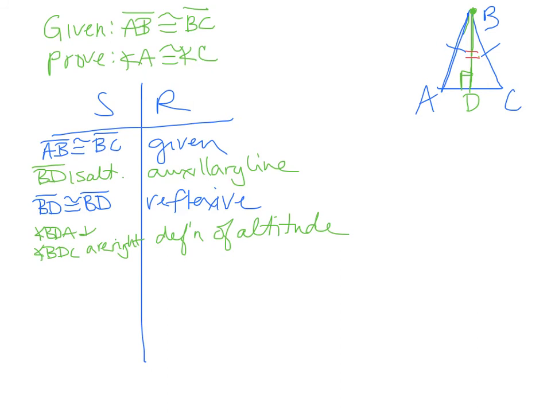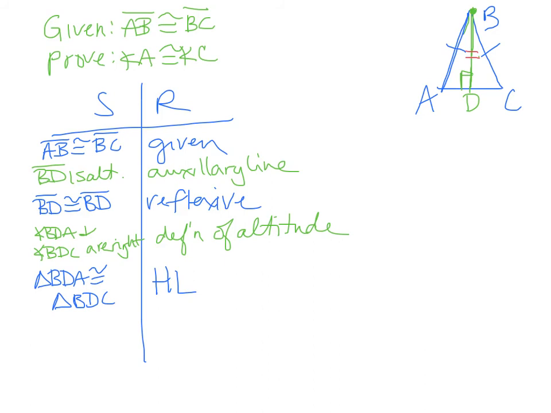Okay, so now I'm going to say that triangle BDA is congruent to triangle BDC, and the reason is hypotenuse leg.